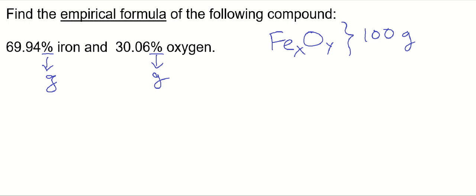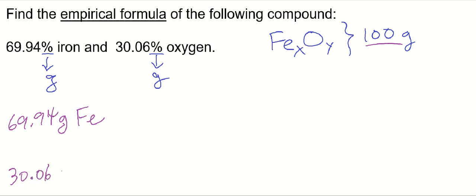So let's do step number one. Just going to write 69.94 grams of iron. That's how much we have if we consider the whole compound is 100 grams. Then we'll also write the 30.06% as grams of oxygen.